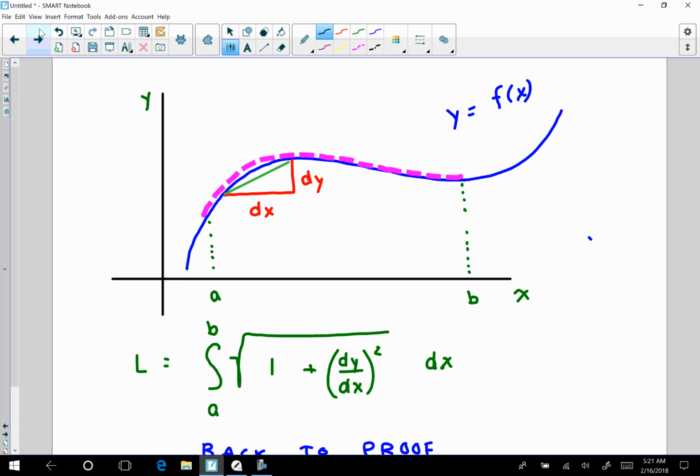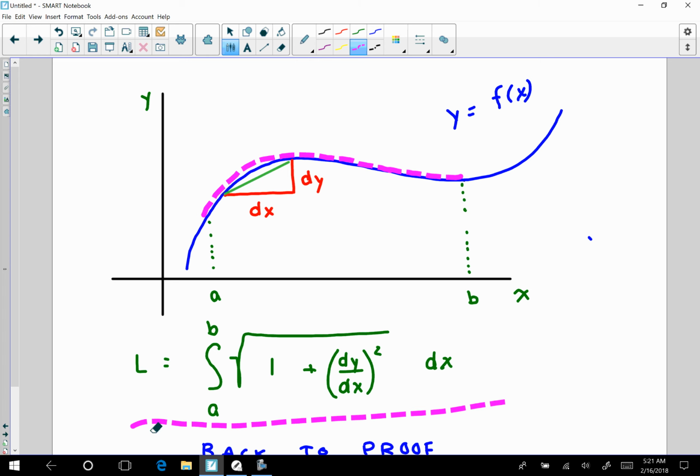What I want to do is show you the formula before I give the proof of it. This is what I want to end up with right here. This is the actual formula.